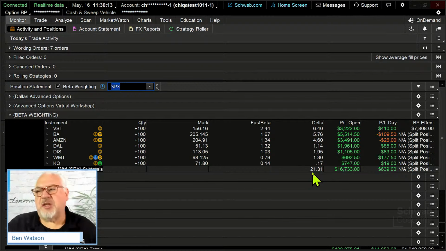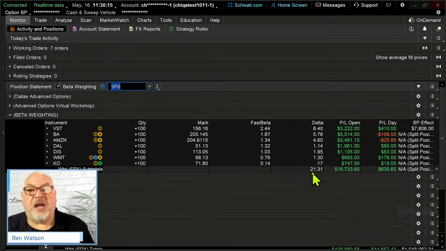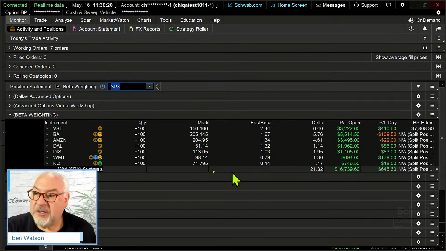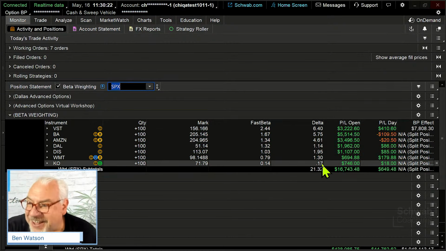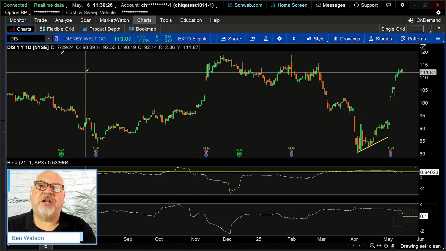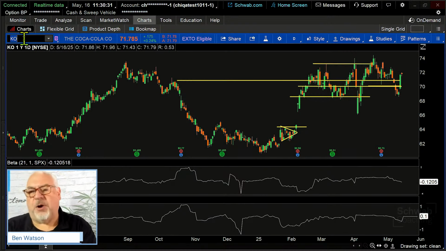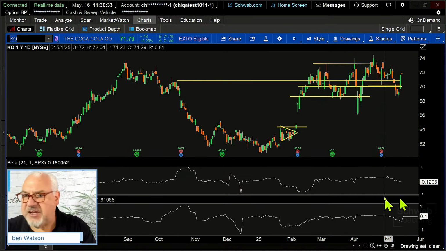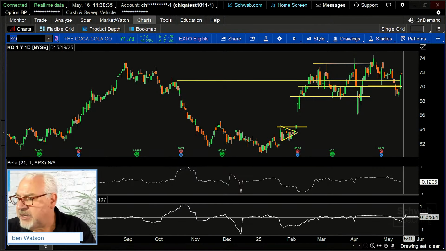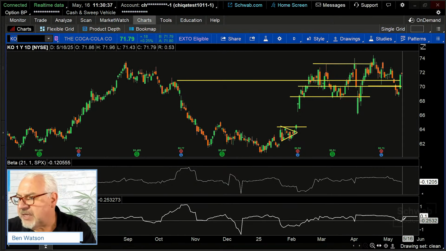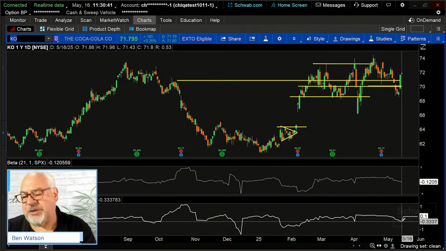So if I wanted to slow this down, what could I do? Well, I could add some slower deltas. So I could come back up here and go to the chart and go to Coca-Cola, KO, and I know this is moving slower than the market. I can see that its fast beta at the moment, if we were to look at today, is minus 33.33.